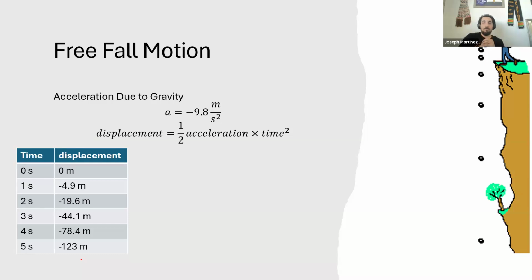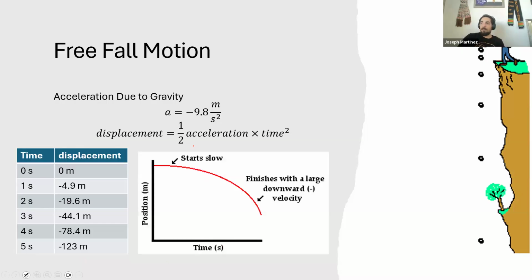We ask, okay, well, what does this look like? If we graph out the position versus time of the object, we see that we start out at some high up place. This is the top of the cliff where we start out. And then we start out moving quite slowly. Again, our velocity in that initial moment is quite slow.